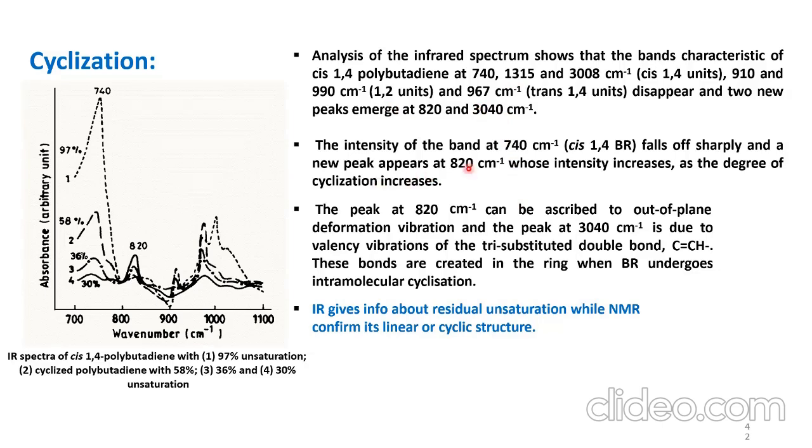Then the peak at 750, 740 can fall off, and the peak at 820 will appear intensely, and that will give the degree of cyclization. If the intensity is increasing, the degree of cyclization is increasing. So these are some of the characteristic peaks which need to be checked while performing a certain type of modification.